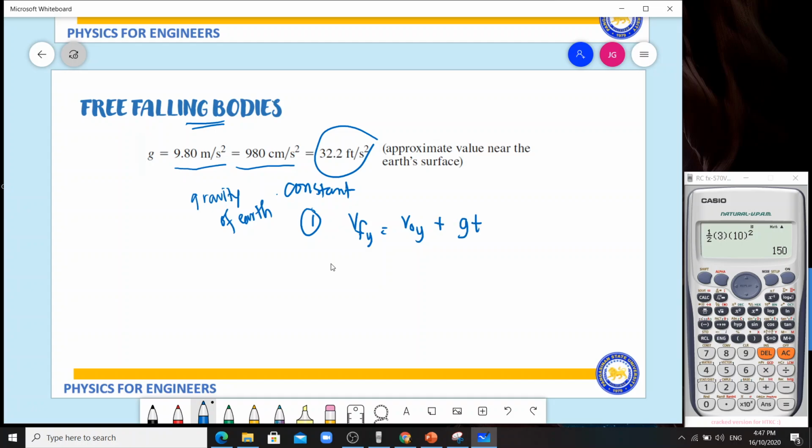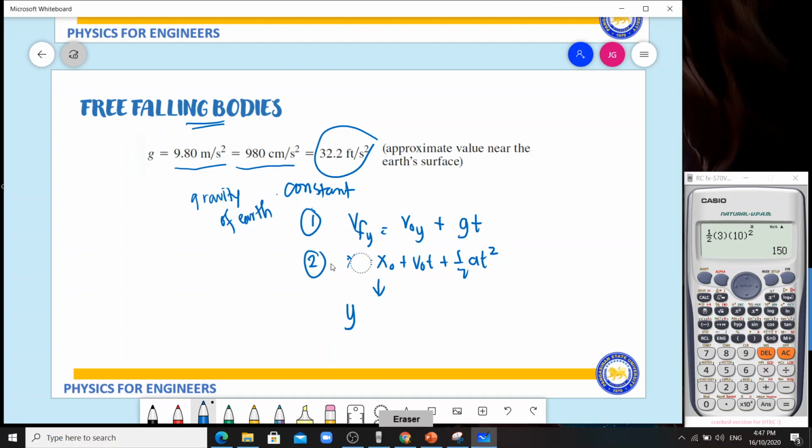Okay, g instead of a. Then the second formula: x final equals x naught plus v naught t plus 1/2 a t squared. We replace it with y.